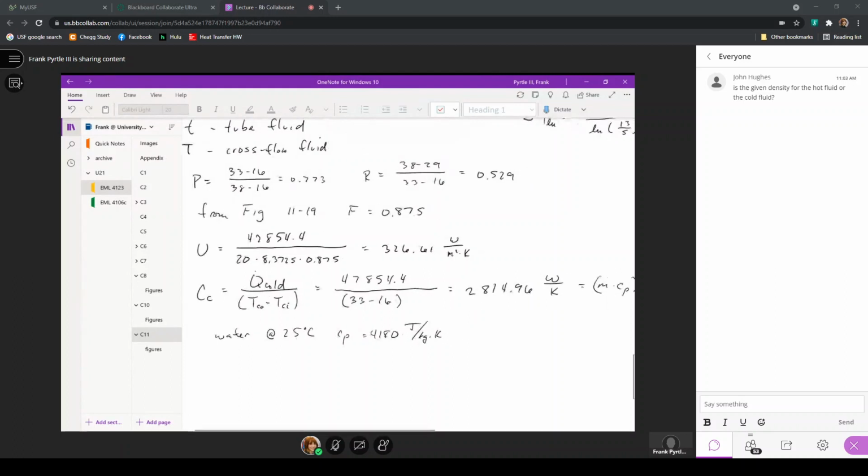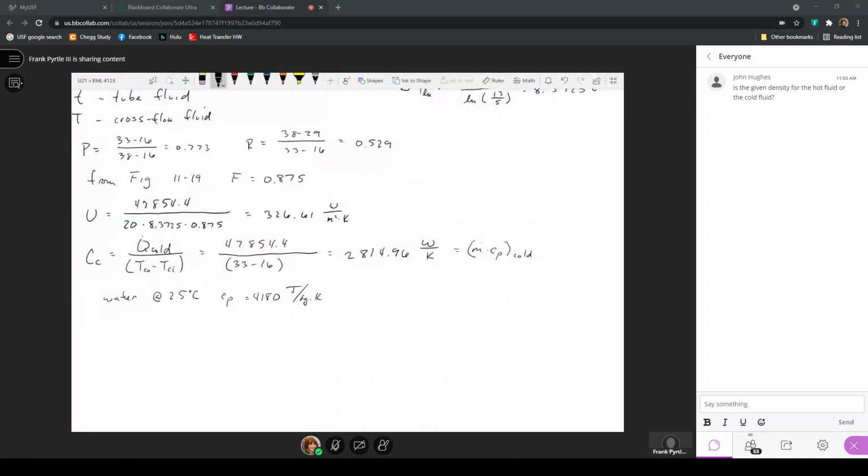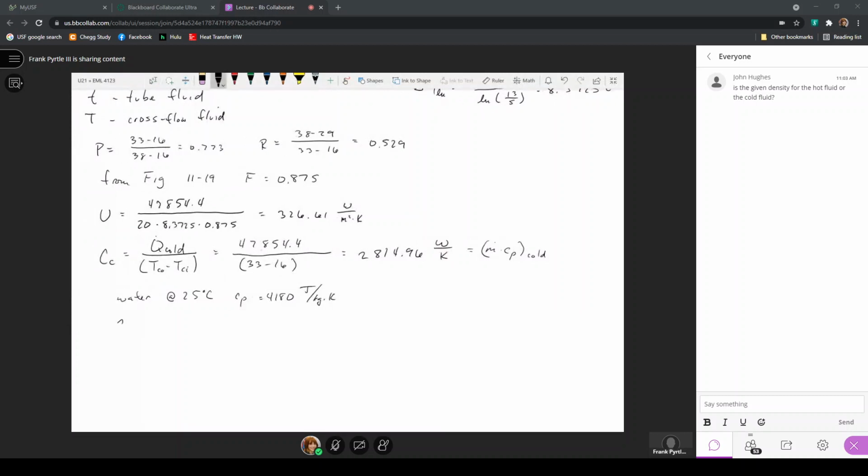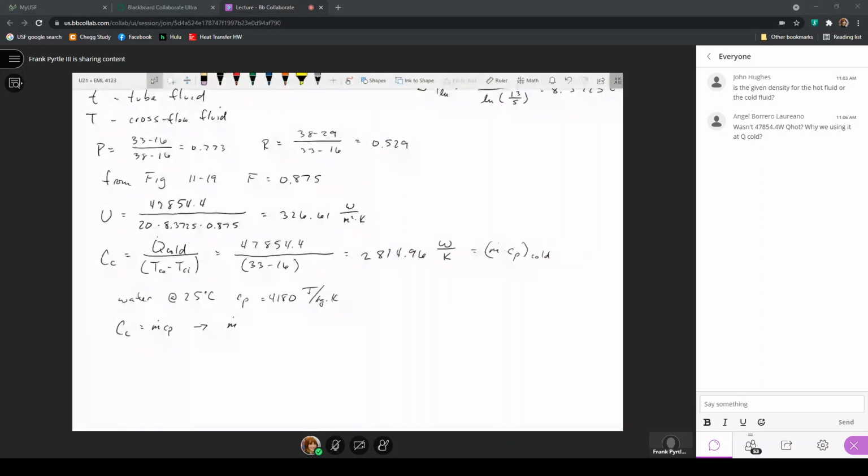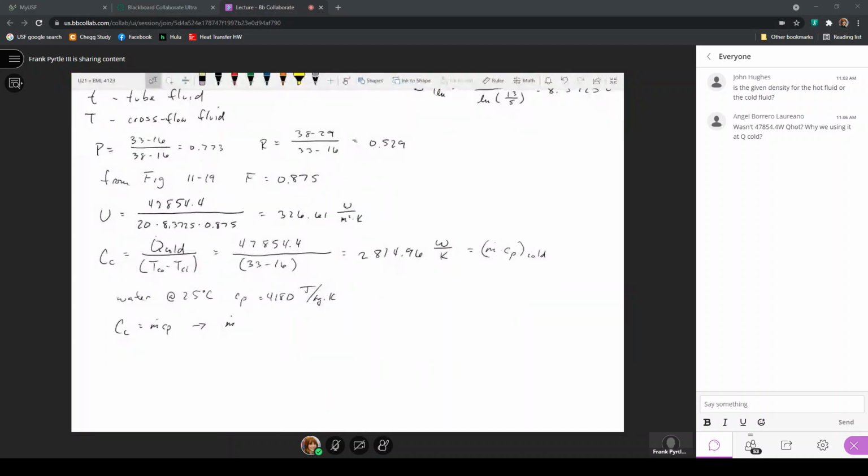Since the capacity rate, C sub C, is the mass flow rate times C sub P, the mass flow rate for the water is the capacity rate divided by C sub P. So 2,814.96 watts per Kelvin divided by 4,180 joules per kilogram Kelvin gives a mass flow rate in kilograms per second.